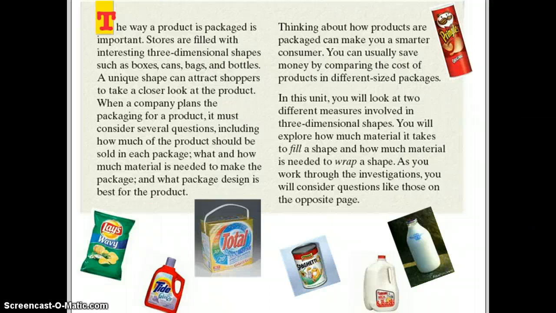So, for example, Lay's Wavy chips. In the corner here, that's a three-dimensional object that holds chips. Instead of it being flat, it has three dimensions to it, so you can hold things and put things in it. That's the characteristic of a three-dimensional object: you can put things in it.